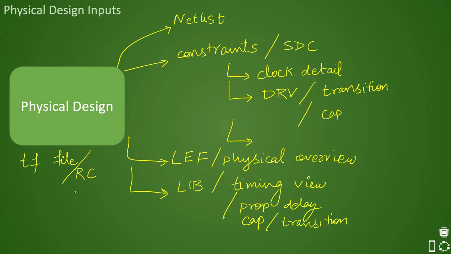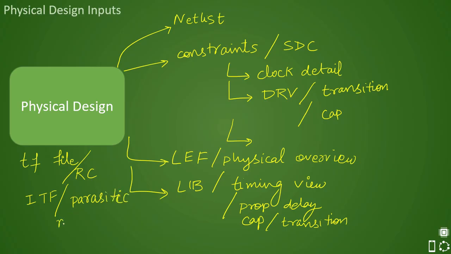All that information is present in that technology file. And there is also one file called the interconnect parasitic file. You can say that it is the ITF file. That will have information of interconnects, that is parasitic values for each metal layer, so that it can be used for spec generation.